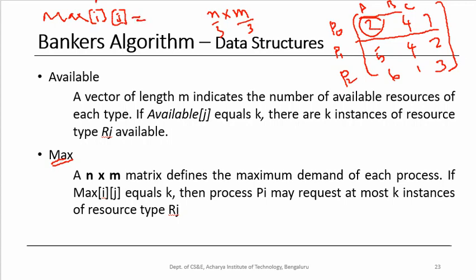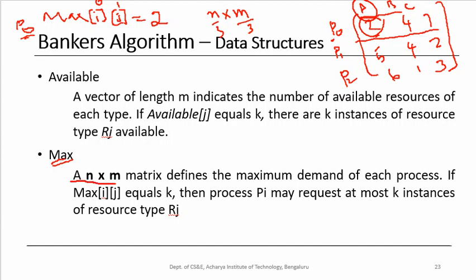Zeroth row and the first column, that is equal to 2, and this corresponds to P naught. So P naught needs a maximum of 2 instances of resource type A. That's the meaning. So that's what I've written here.